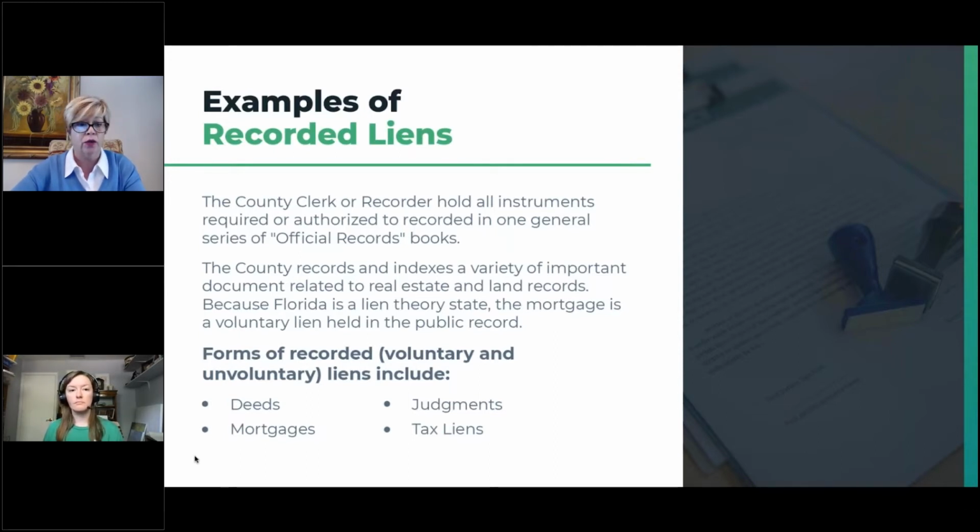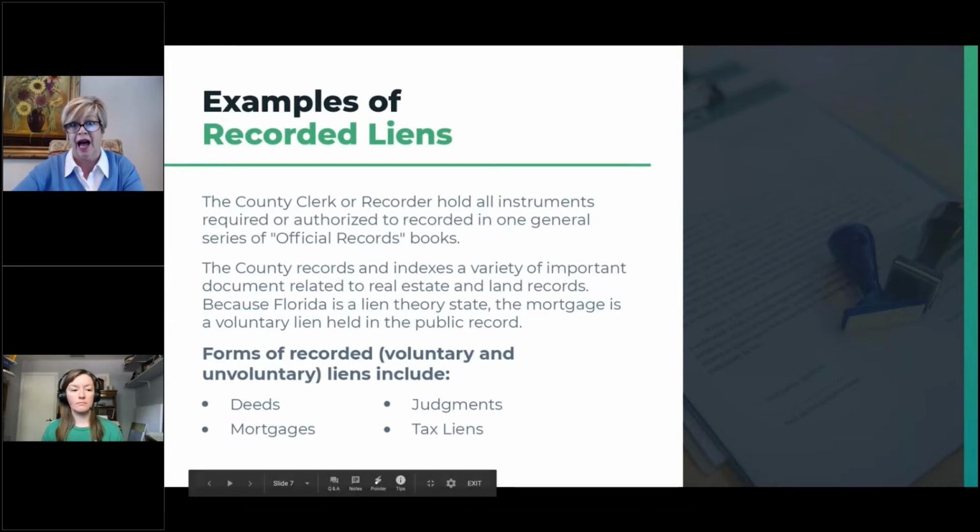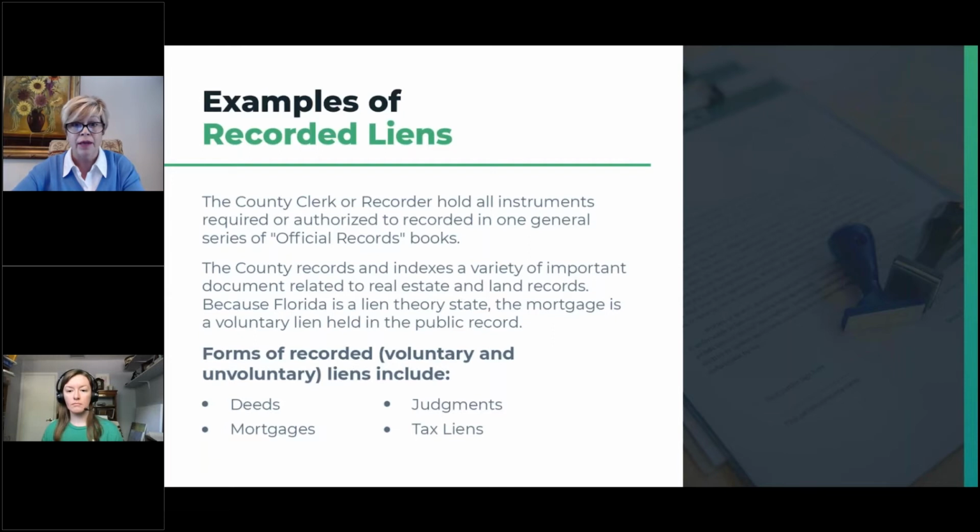These include deeds, mortgages, judgments, tax liens, and these are all typically things that we consider to be voluntary, meaning that for the owner of the property, it does not come as any surprise that the information regarding the deed on the property, the mortgage, if there are any tax liens, if there's any IRS liens against personal income taxes, any judgments as it relates to a divorce or situations such as that, it should come as no surprise that this information is in fact recorded and made readily available as a recorded lien.